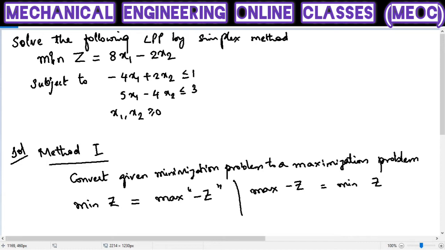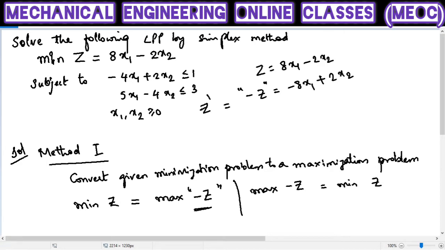So here the question is minimize z. So I can convert it into a maximize of minus z. Because z is equal to 8x1 minus 2x2, minus z will be equal to minus 8x1 plus 2x2. So let this minus z be some z prime.